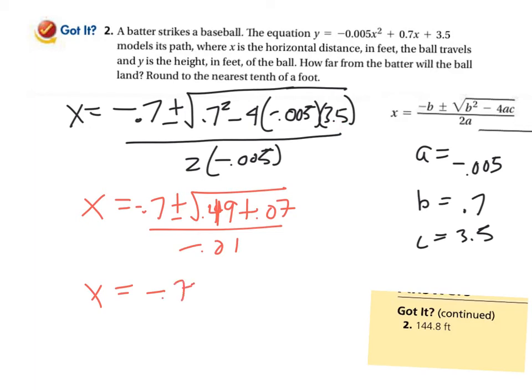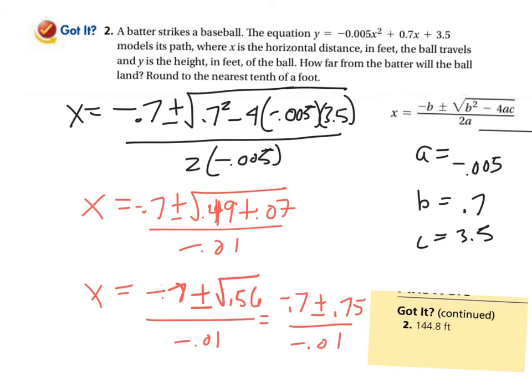Be careful of that. Plus or minus. Anyway, so, again, grab your calculator for this. Work on the stuff inside. 0.56. Square root of that is 0.75, again, rounded, because it's like 0.74, blah, blah, blah, you know. So we're going to round that.